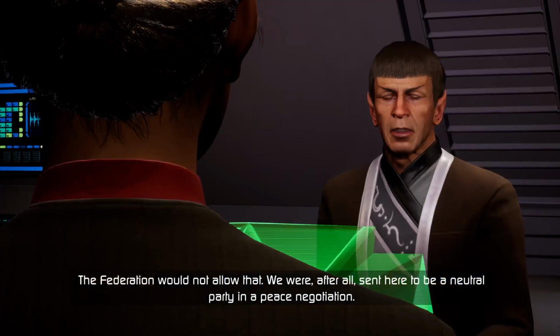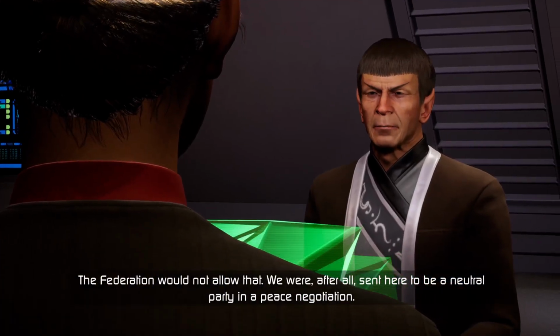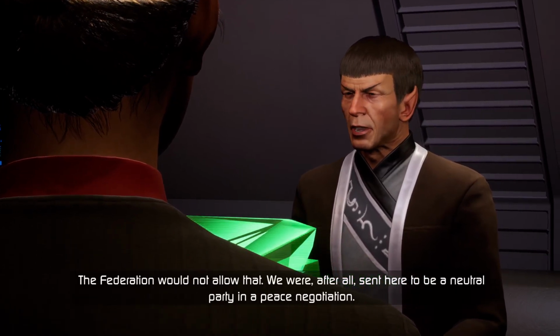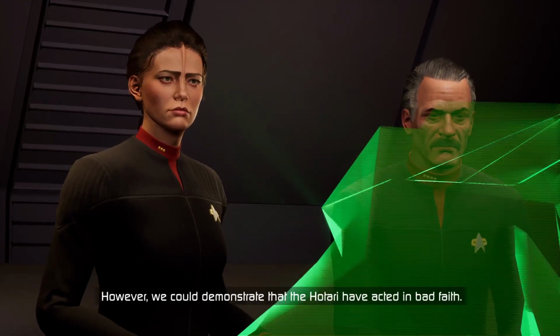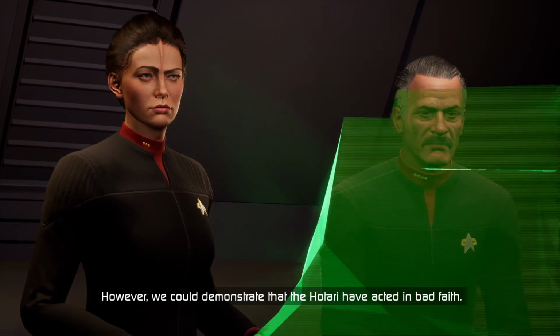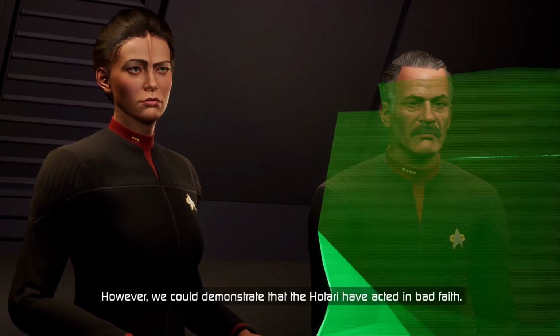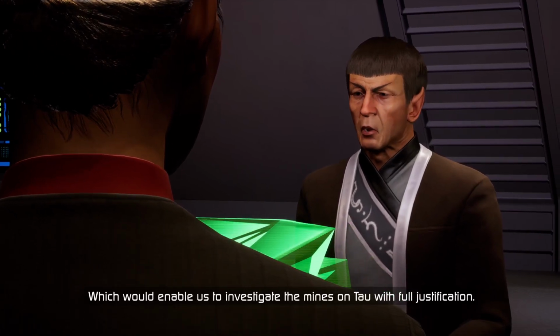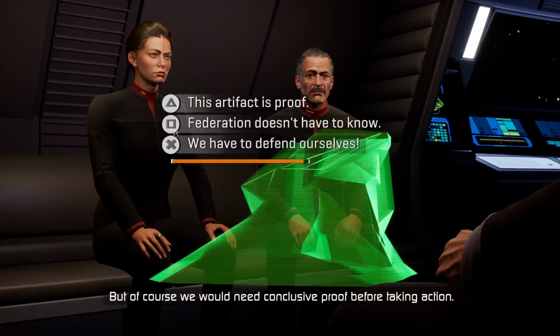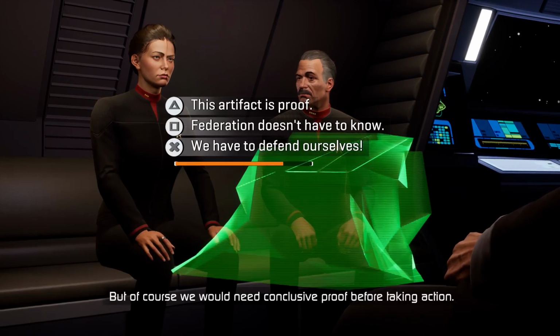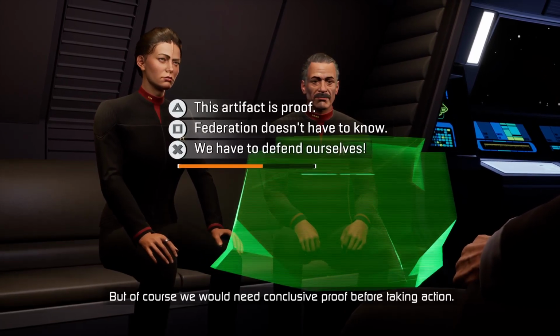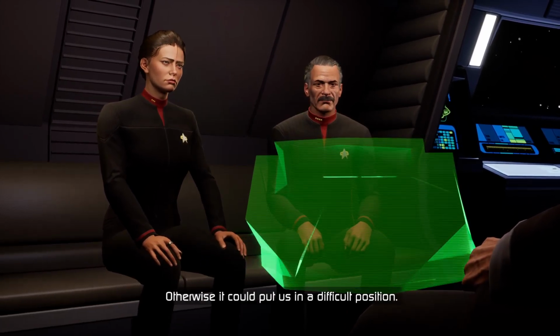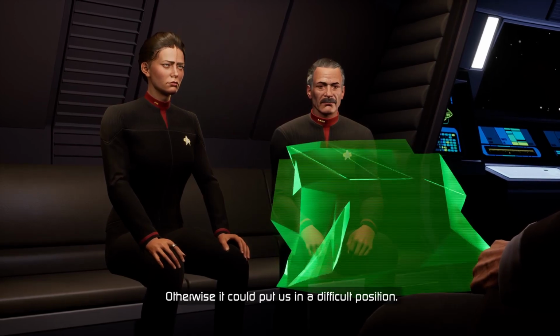The Federation will not back down. However, we could demonstrate that the Qatari have acted in bad faith, which would enable us to investigate the mines with full justification. Of course, we would need conclusive proof before taking action. Otherwise, it could put us in a difficult position.